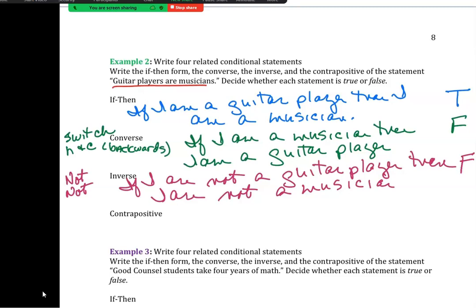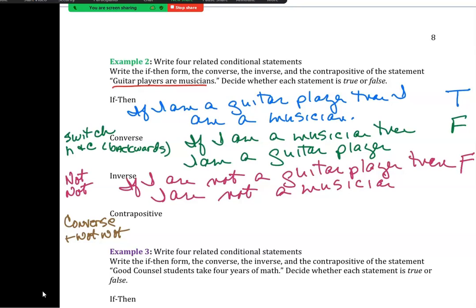So you're going to do both the converse and the inverse. First you can take the converse, and then we're going to not it. Okay, so let me do it like this. Take your converse, so I'm going to say converse plus not.